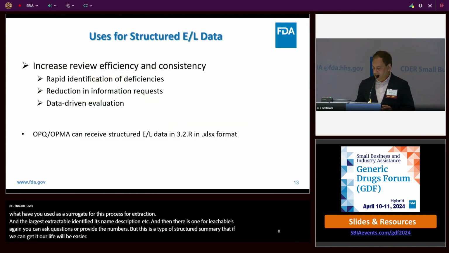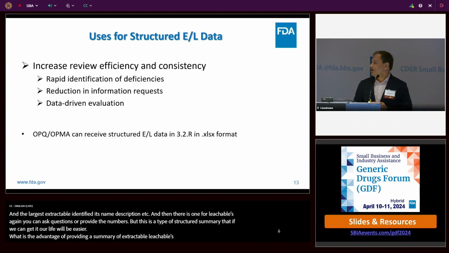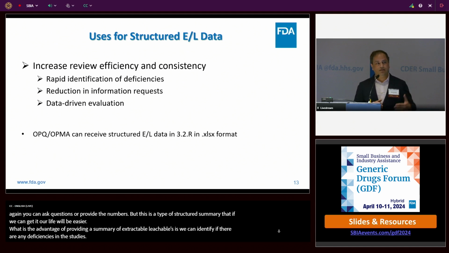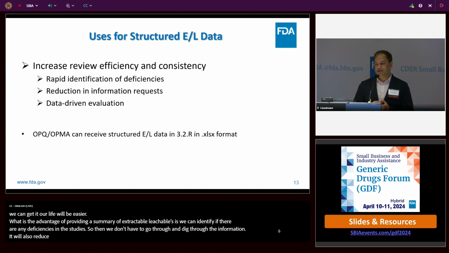So the advantage of providing this summary of extractable leachable studies is that we can identify if there are any deficiencies in the studies right away. So then we don't have to go through the reports and dig through the information. It will also reduce the number of information requests for something that we couldn't find, but it may be there.